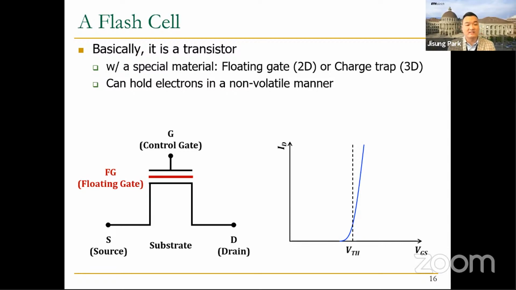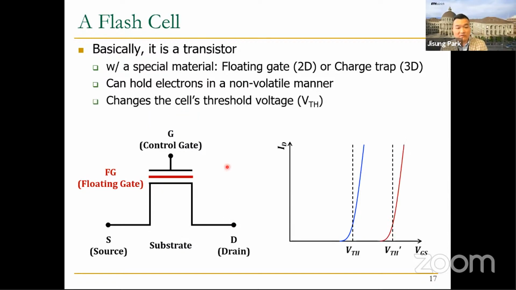To inject electrons into the cell's floating gate, we need to apply a very high voltage, let's say higher than 20 volts, between the control gate and substrate, which introduces a tunneling effect that moves electrons from the substrate to the floating gate. We call this process a program, and programming a cell increases the threshold voltage of the cell.